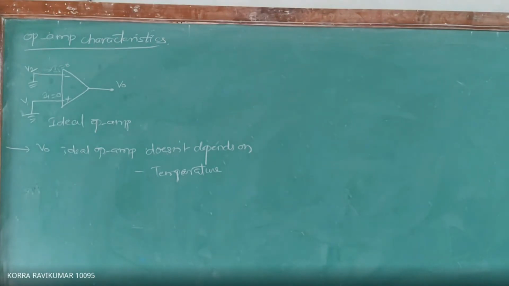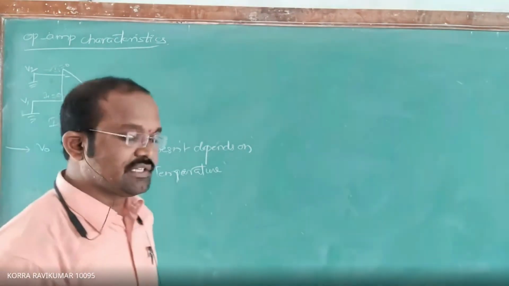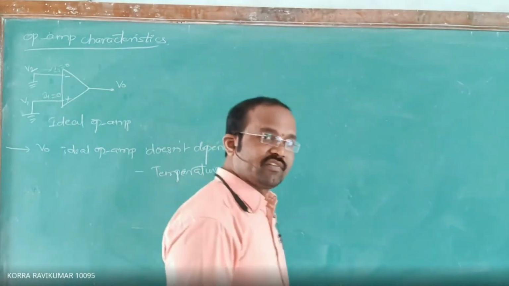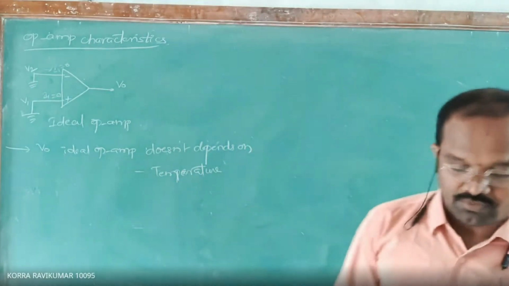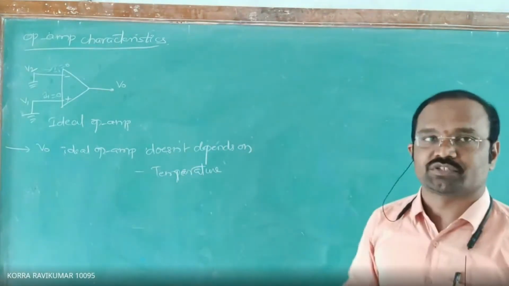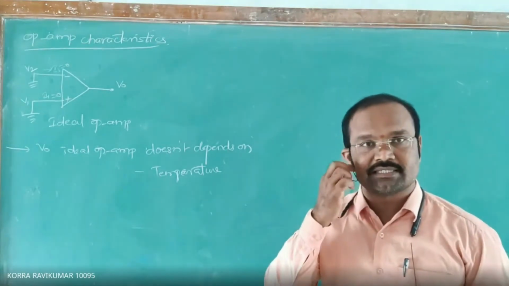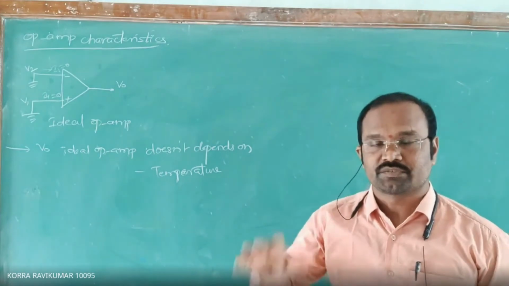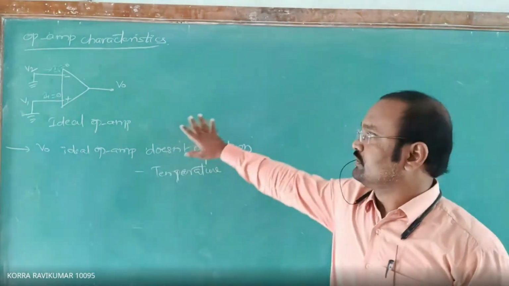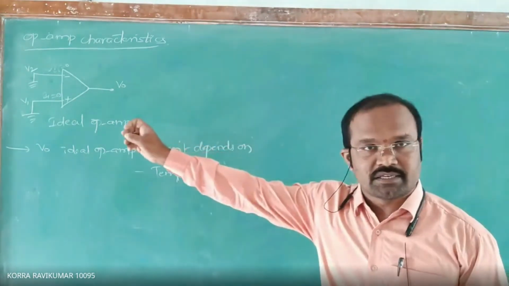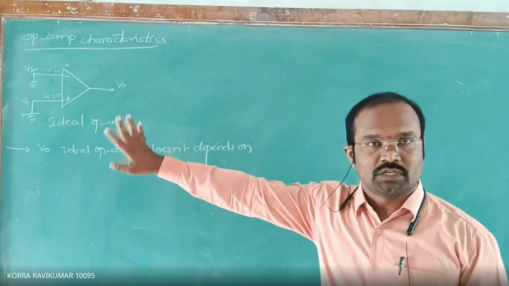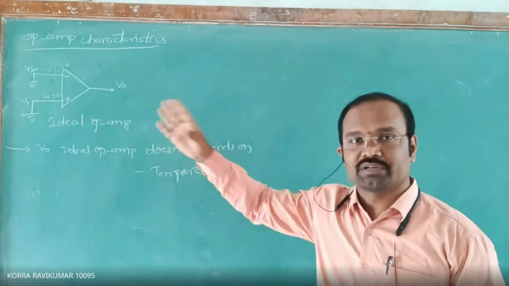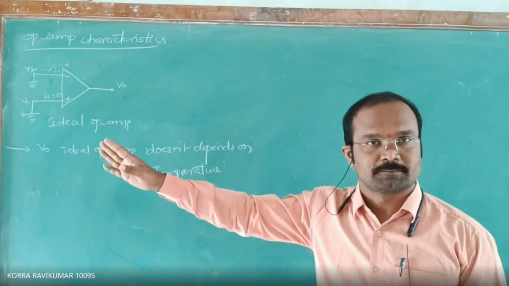There are a few parameters which change the output voltage of the practical op amp. It's very clear. For sure, ideal op amp characteristics are different, and ideal op amp output does not depend on temperature.